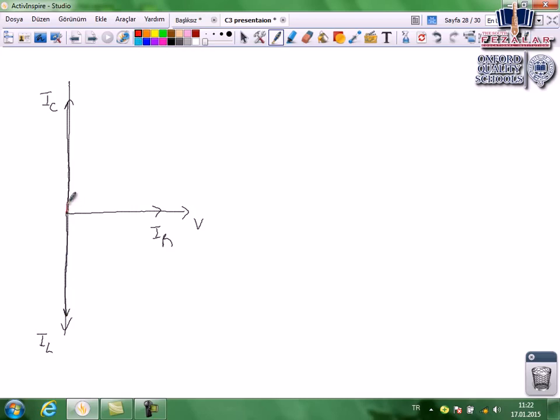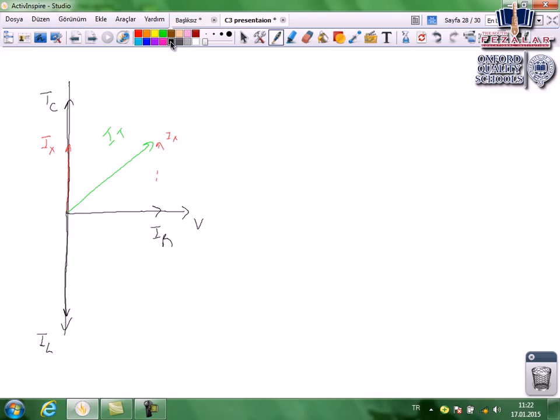Let's assume again IC is greater, and we draw the resultant vector of these two vectors as IX here. Now again we can move IX here, so let's draw the hypotenuse of this right triangle. Let's draw with the green pen. This is the hypotenuse, and this will be the total current.